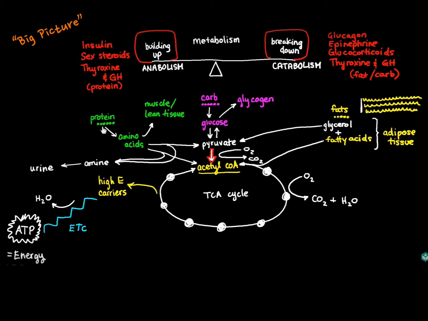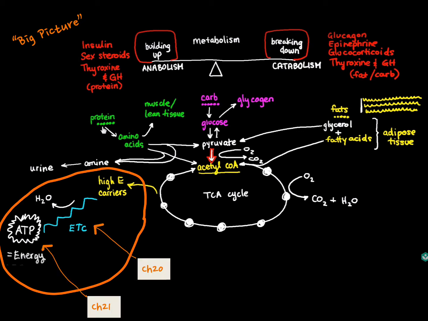These high-energy carriers flow through the electron transport chain and release energy to produce ATP. Chapter 20 talks about the electron transport chain, and Chapter 21 is about how the energy released from the ETC is used to produce ATP.